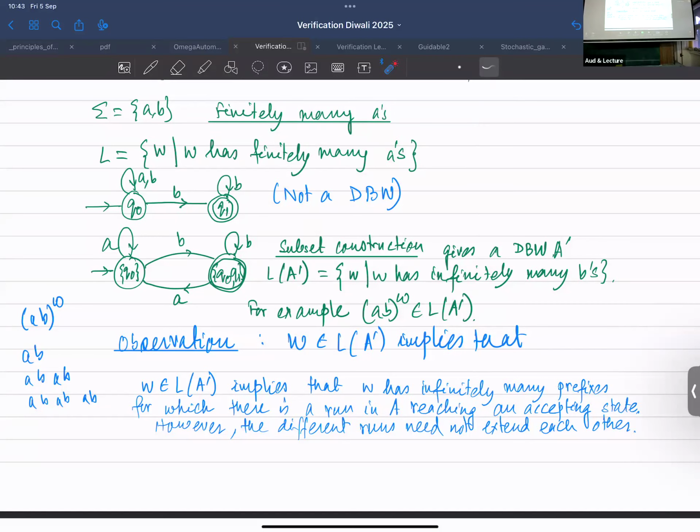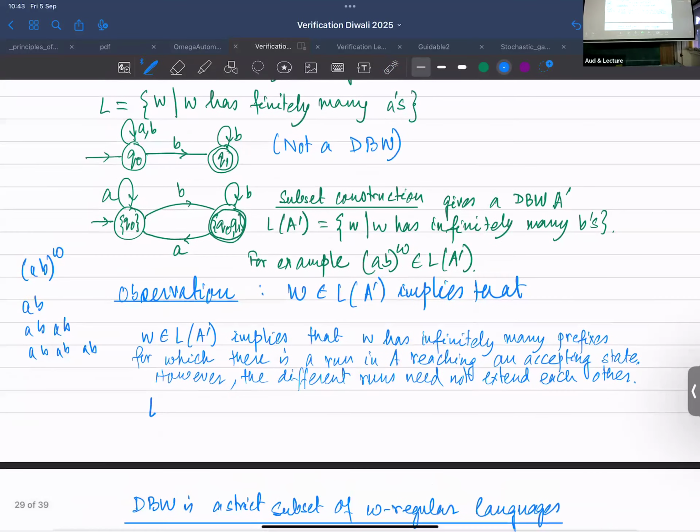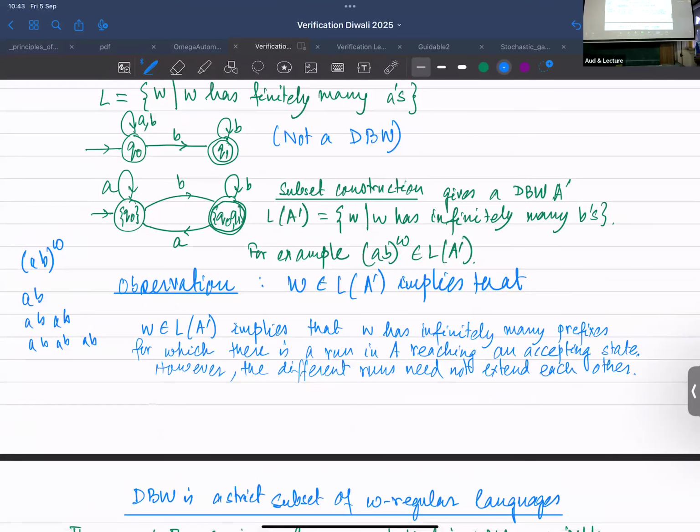One thing, maybe this can be a homework: you should try to show that in general, not only for this particular language, L is a subset of the language of A prime. It's not very difficult to show.